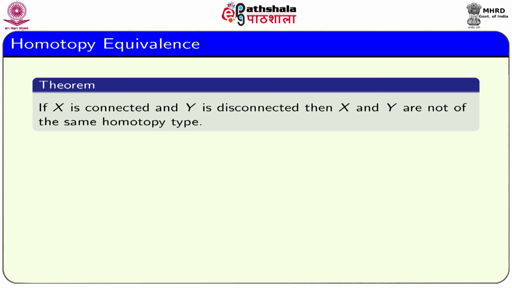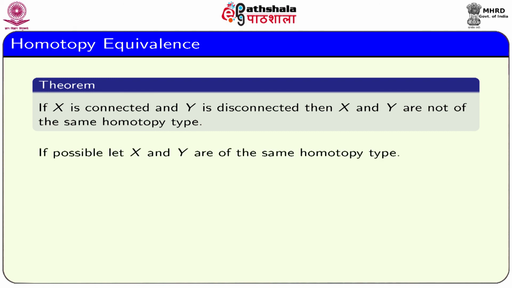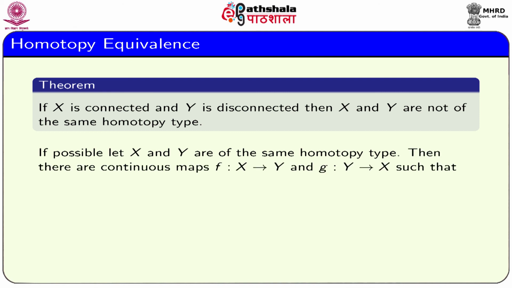Now, if we take a connected space capital X and we take a disconnected space capital Y, then capital X and capital Y are not of the same homotopy type. If possible, let X and Y be two spaces which are of the same homotopy type.